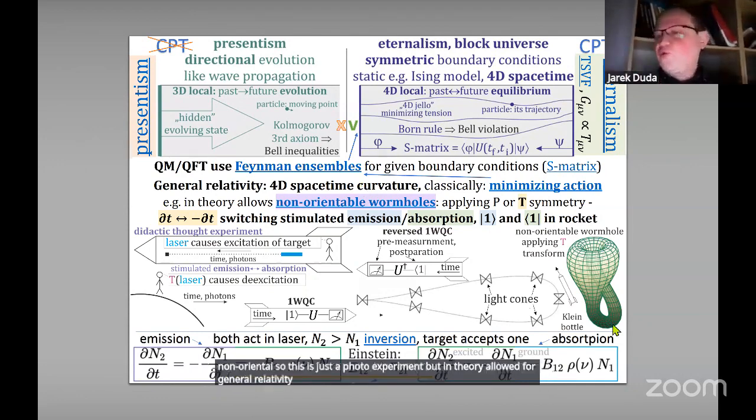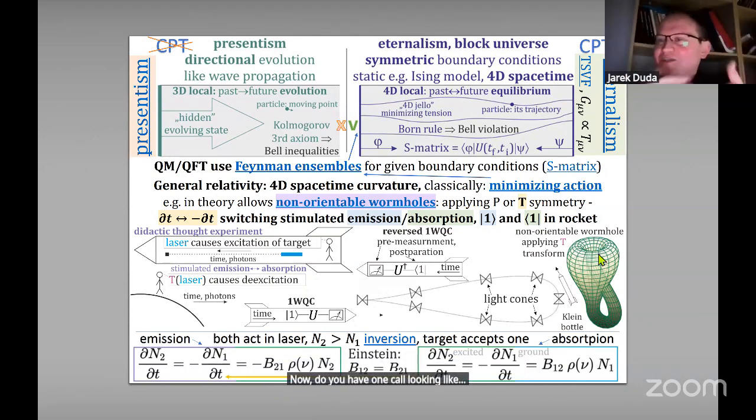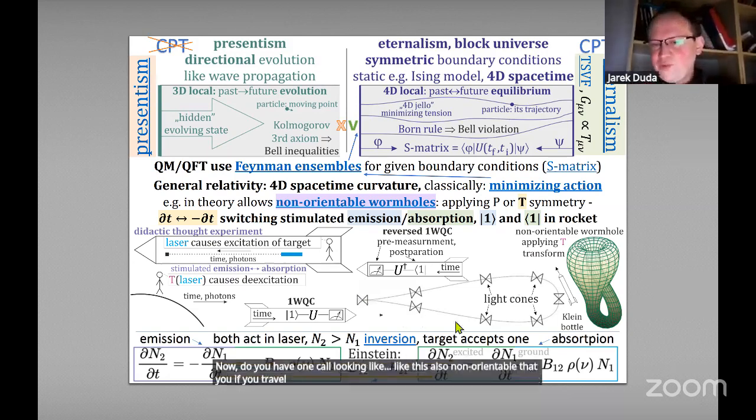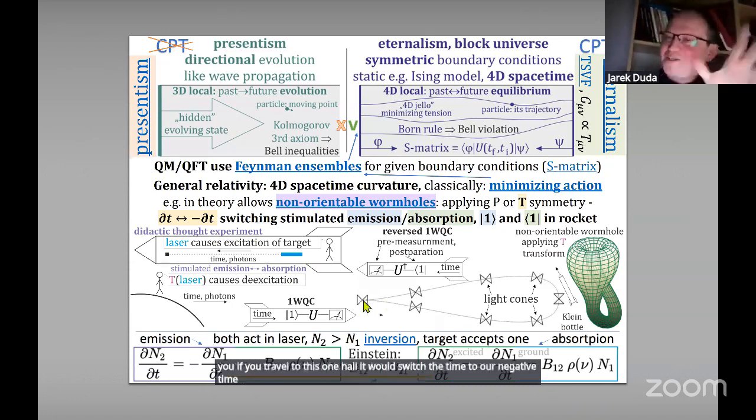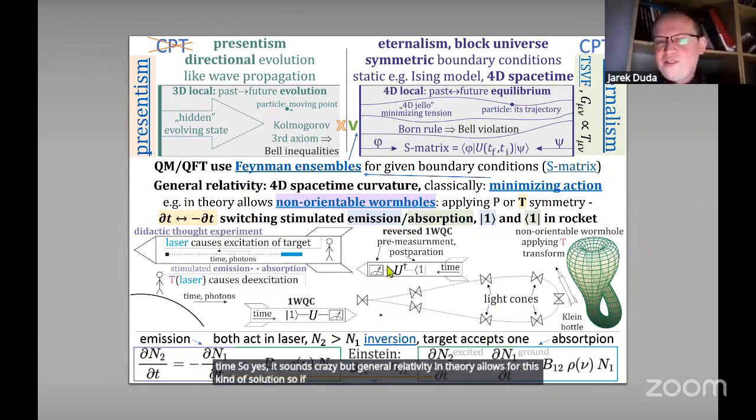You have a wormhole looking like this, so it's non-orientable. If you travel through this wormhole, it would switch time to negative time. Yes, it sounds crazy, but general relativity in theory allows for this kind of solution. So if you have a rocket traveling through it, your quantum computer would be reversed.